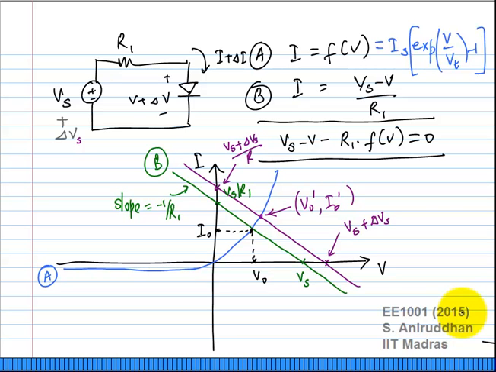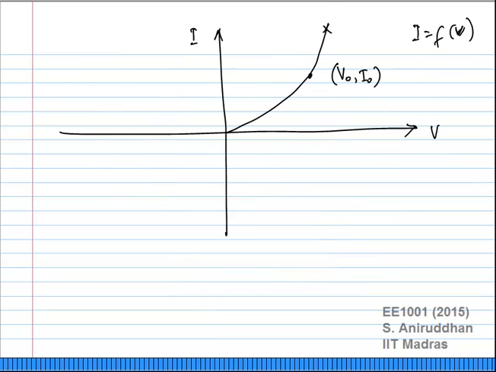What could you say about the Taylor series expansion around V0, I0? You can approximate it by considering only the first derivative. What is the first derivative? You are basically linearizing the curve. You are looking at the tangent to that point of consideration.